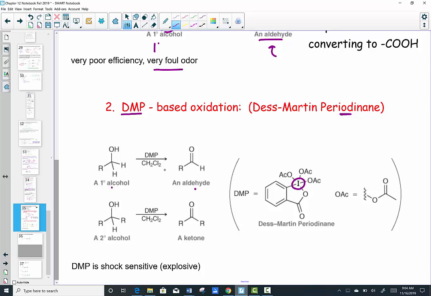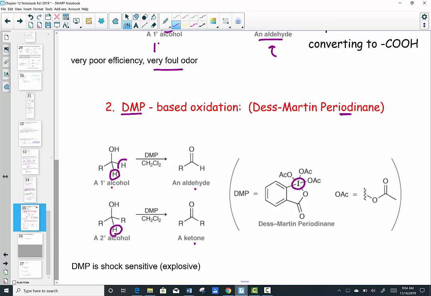DMP is sitting on the arrow in a methylene chloride solution, CH2Cl2, converting the alcohol into an aldehyde. In a secondary alcohol, there is 1 hydrogen available, so you produce the ketone.